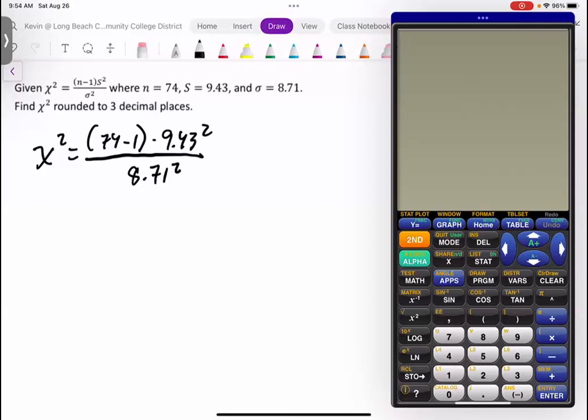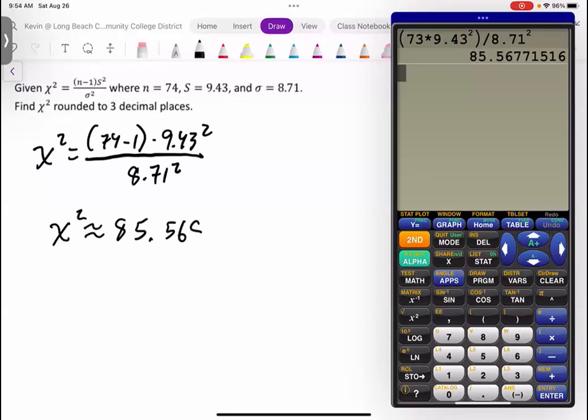And in the calculator, in the numerator, I'm going to have 73 times 9.43 squared, close, divided by 8.71 squared. That gives me a large chi-squared, 85. And again, to 3 decimal places, that's going to be 568. Here's my final answer.